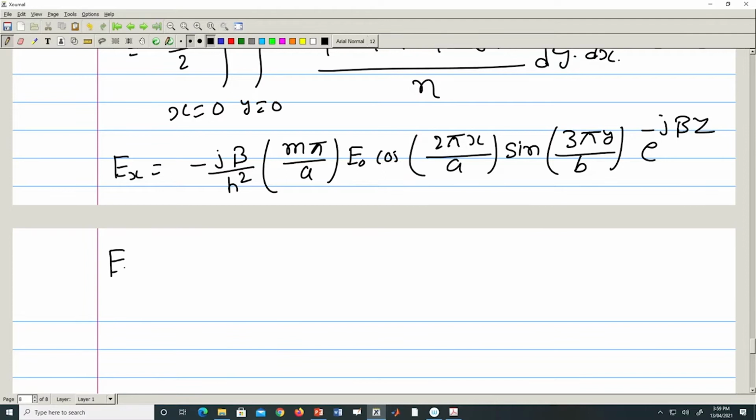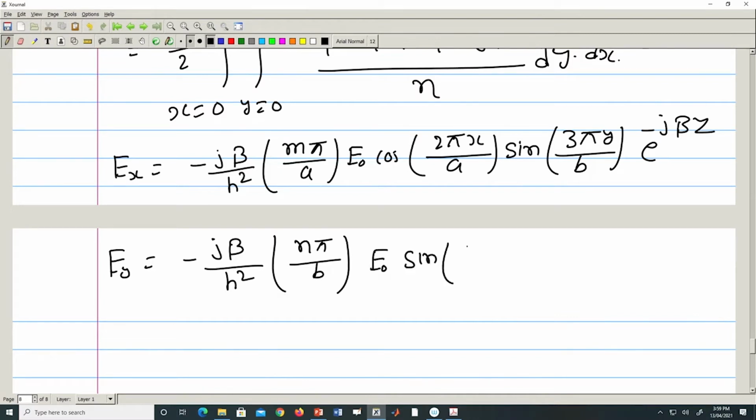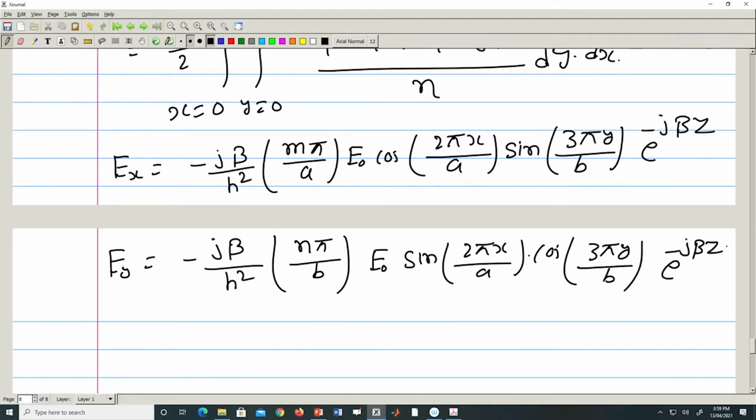Here m is equal to 2 and n is 3. Ey is minus j beta divided by h square, n pi by b, E naught sin of 2 pi x by a, cos of 3 pi y by b, e to the power minus j beta z.